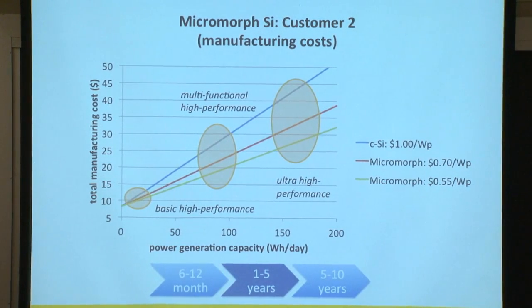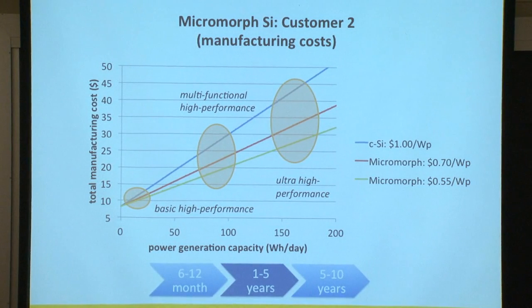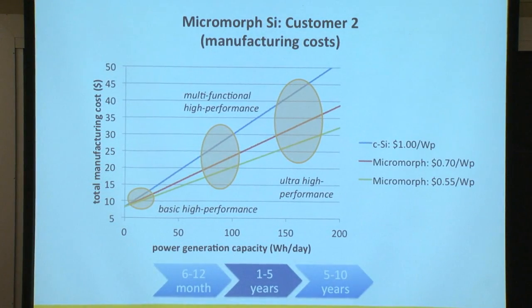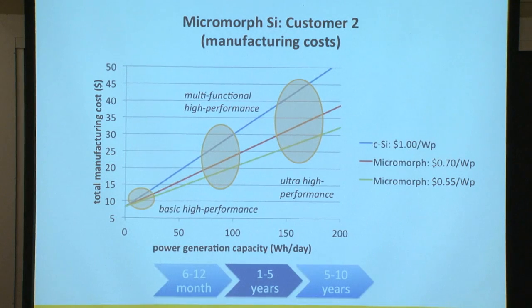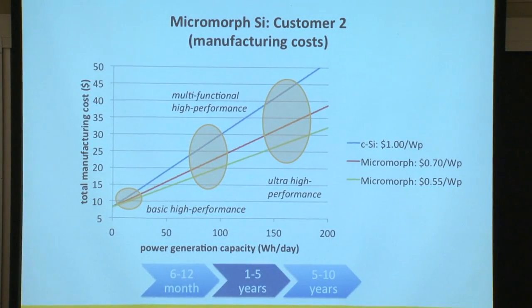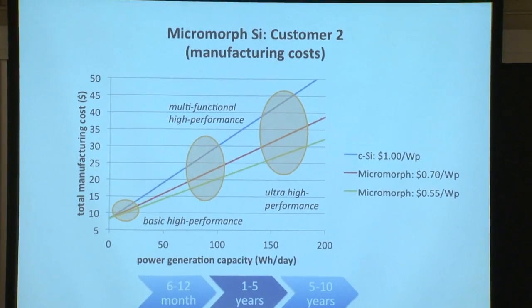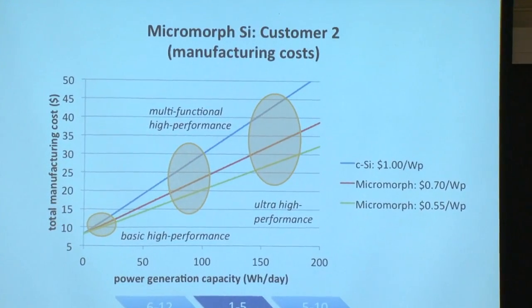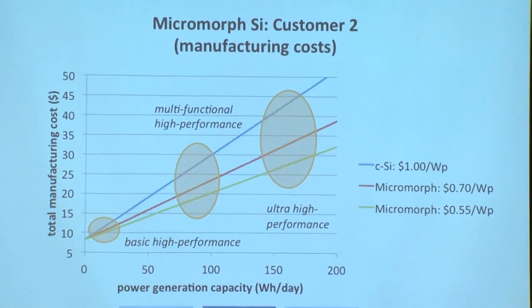Next, we looked at the high performance options, because the cost of the device is dominated by the non-PV materials for these basic devices, so as you add more PV material, you leverage the low cost of the PV. We split this up into 3 different high performance products: the basic, the medium or multifunctional, and the ultra high.